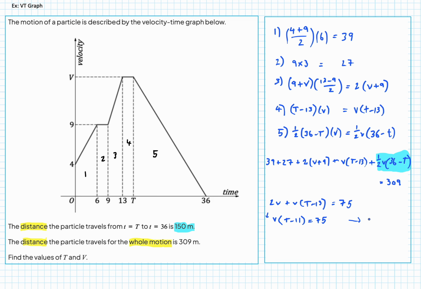So now that we have one of our unknown values, it doesn't look very pretty, but we can actually substitute it in now. And we should substitute it into something that we can solve. So a half v(36 minus t), that we were given, equals 150 meters. We'll put in our value for v there, as you see.